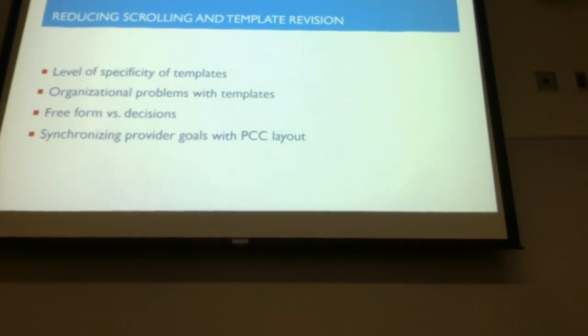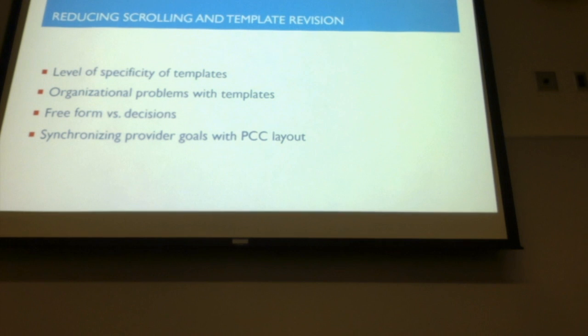So, along with that, we would like to reduce the amount of scrolling and template revision that is currently going on. At the moment, there is a different level of specificity between templates.